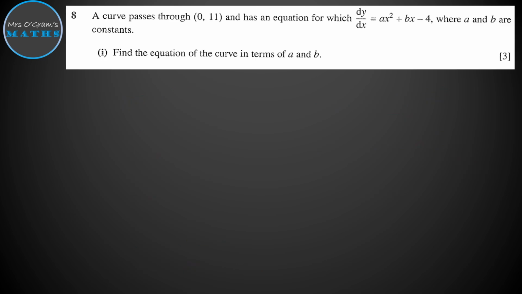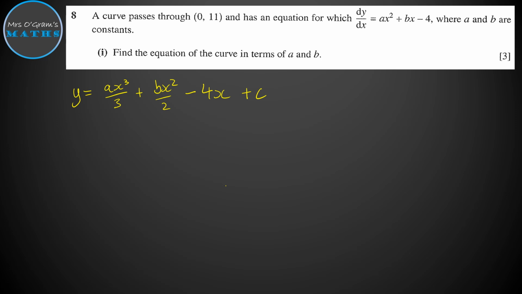So we've got an equation for the derivative of a curve, and we need to find the equation of the curve itself. So integrate that expression. From dy by dx, we need to integrate to get y, and we will get ax cubed over 3, bx squared over 2, minus 4x, and then don't forget, add a constant at the end.